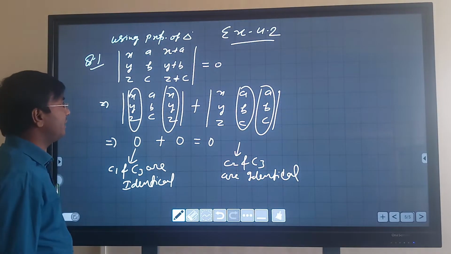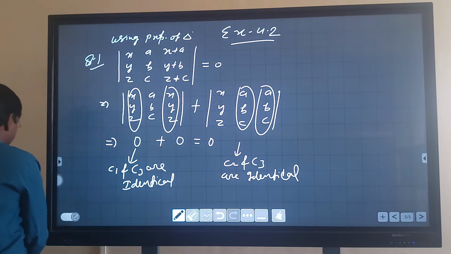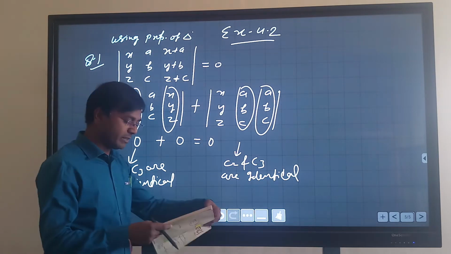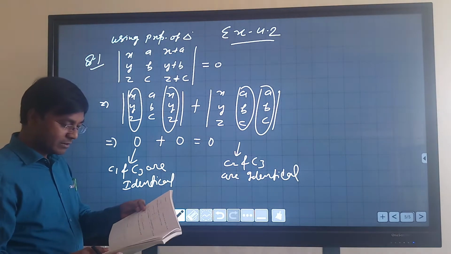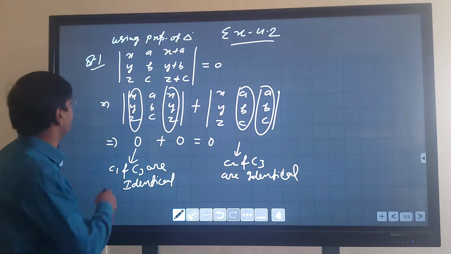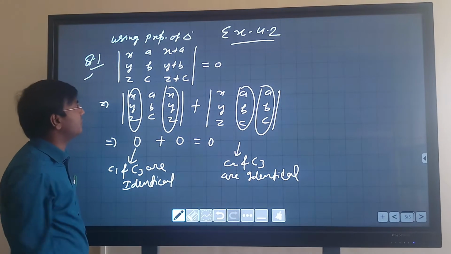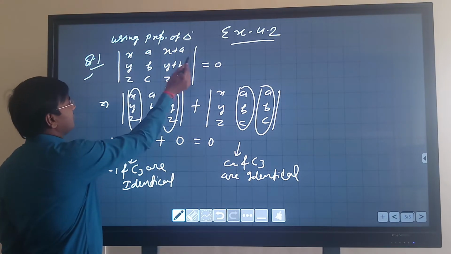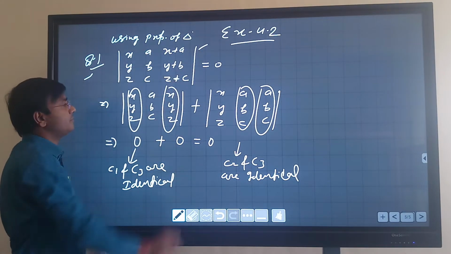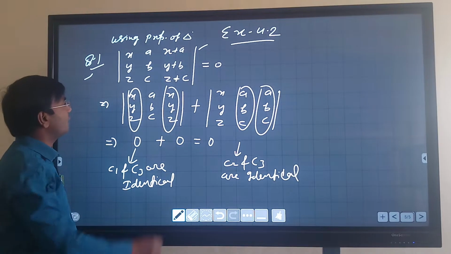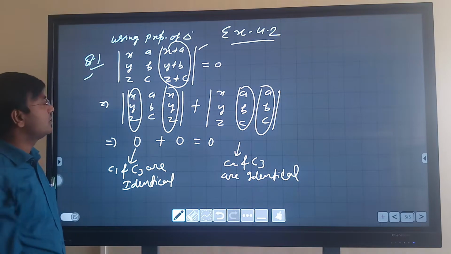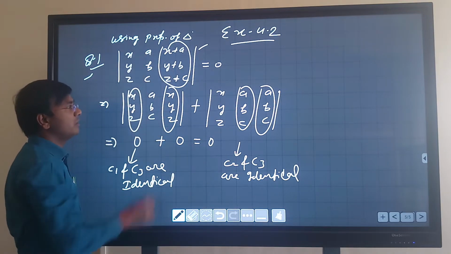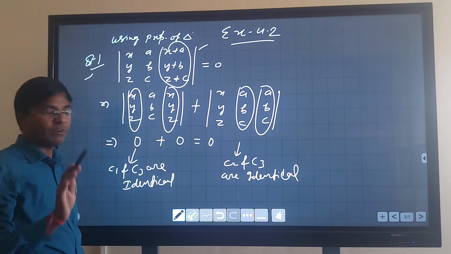So look at the question number 1. Questions 1 to 5 are based upon these properties of determinants. So question number 1 is taking the xyz determinant which is given. So now we are using which property? See here, the third column is the sum of 2 terms, and we have learnt in property 5.